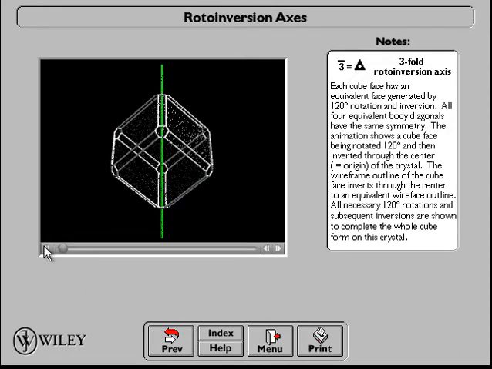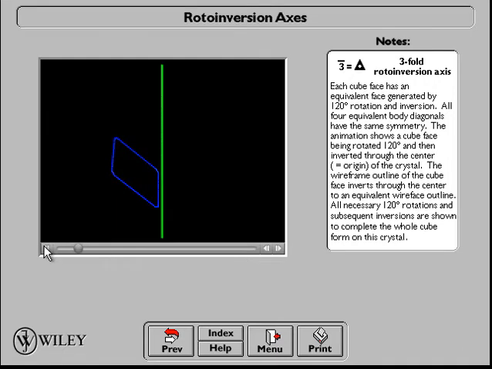So now we are making here the roto-inversion. Here we have in blue the first roto-inversion. We are putting now a 120-degree roto-inversion from that side to this side, and that is the center of the symmetry. Then we are putting it from that side to this side. Then we have again a 120-degree rotation.